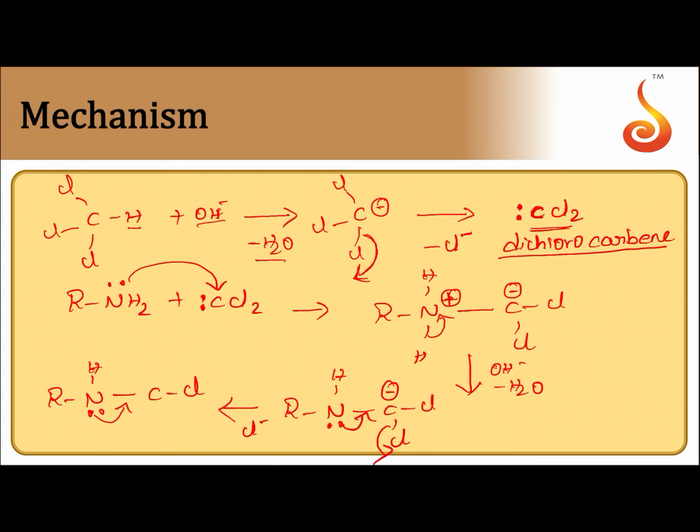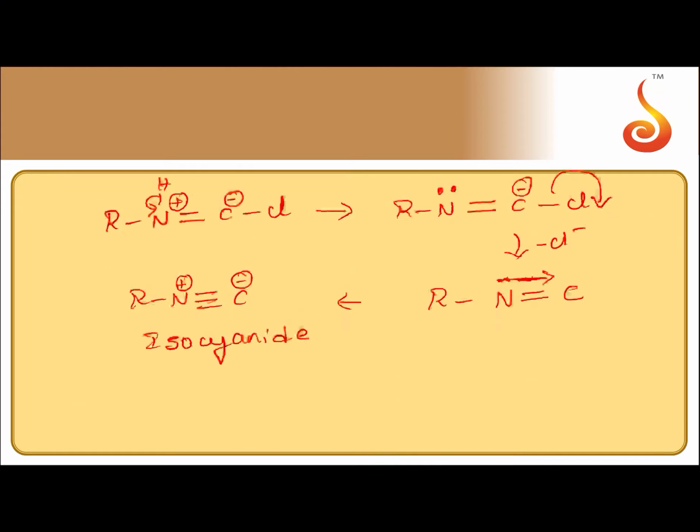The lone pair on nitrogen will attack the carbon of dichlorocarbene, forming an intermediate in which nitrogen is positively charged and carbon is negatively charged. This intermediate is not stable. It undergoes elimination, losing 2 moles of HCl, forming isocyanide. So this is the mechanism of the carbylamine reaction.